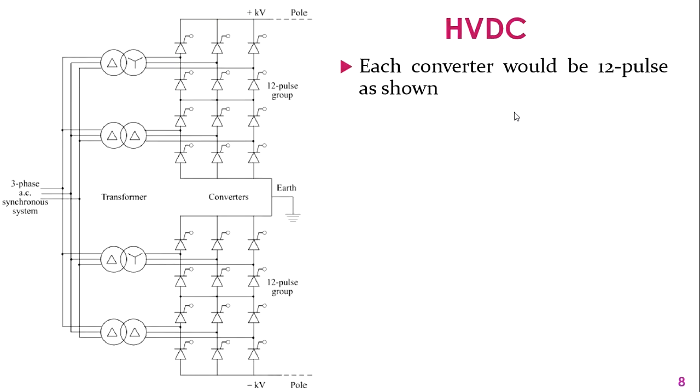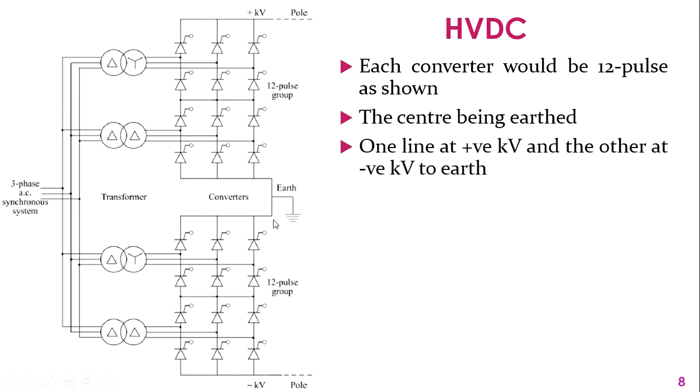Each converter would be 12 pulse as shown over here. This is a 12 pulse group. The center bridge should be earthed, here you can see, and one line at positive kV, the upper pole, and the other at negative kV to earth. This is the lower pole.